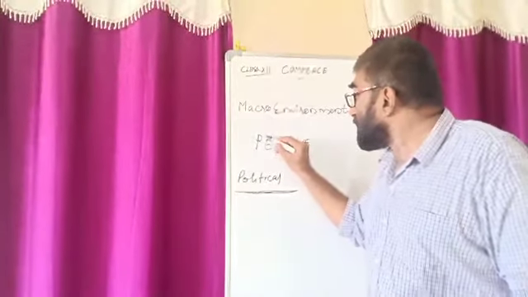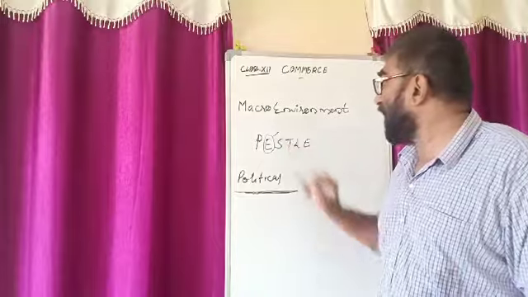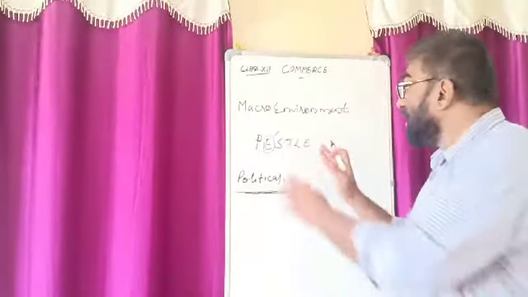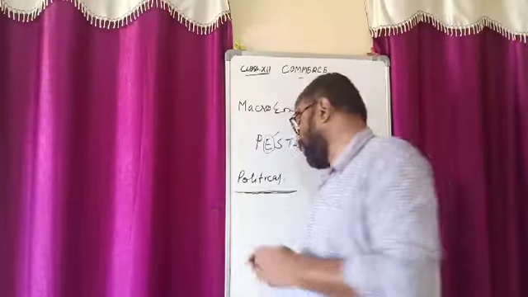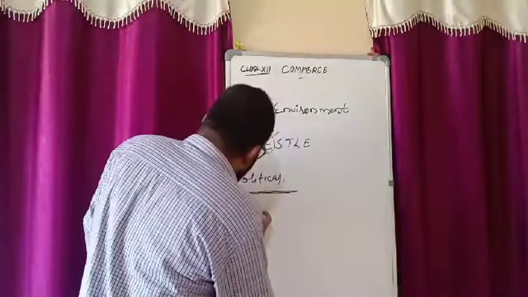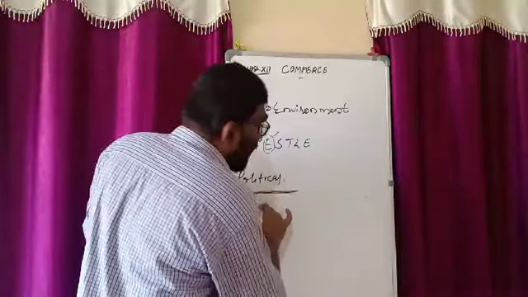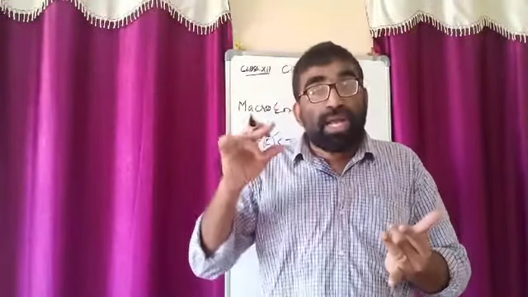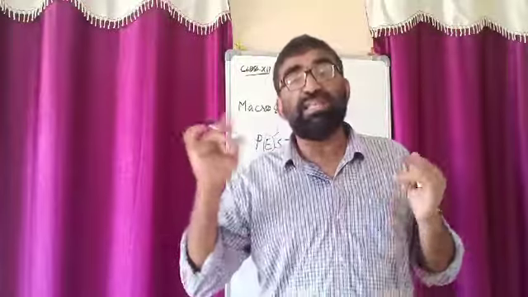So then E stands for economic environment. We have seen the political environment. Next one is economic environment. What is economic environment? Economic environment is the overall state of a country's or a region's economy.